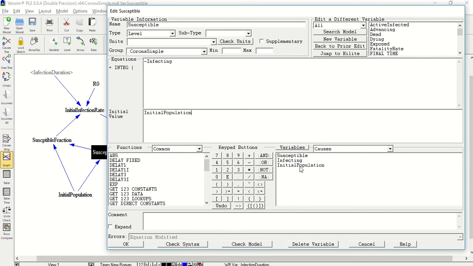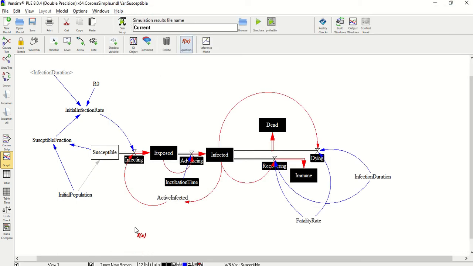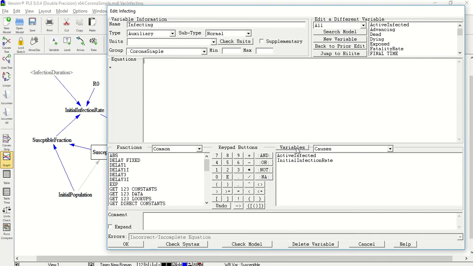We need to put initial population in there and we're good. Then our advancing is the active infected times the initial infection rate.